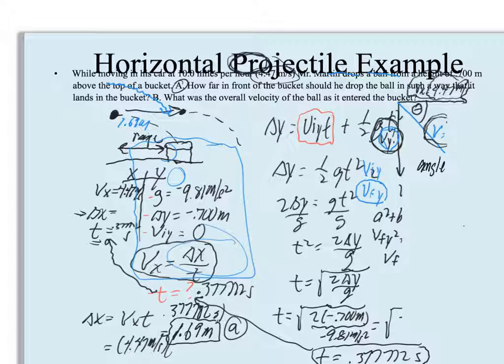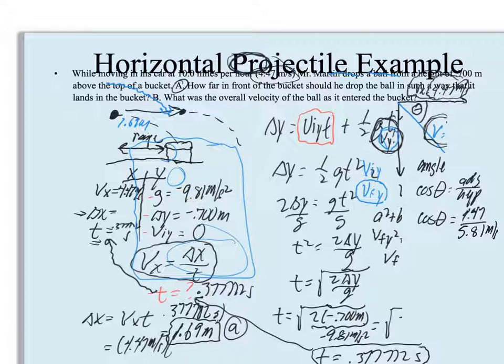We know that the cosine of theta is going to be adjacent over hypotenuse. The adjacent side is 4.47, that was the given Vx. And then the hypotenuse would be the answer that we found earlier, 5.81 meters per second.